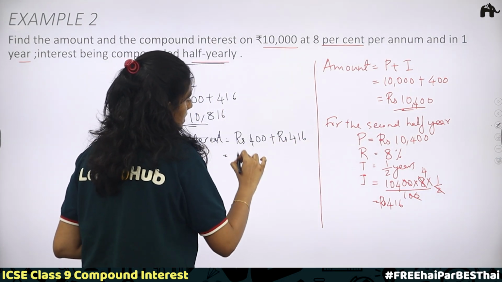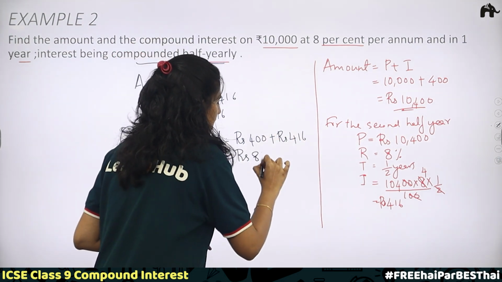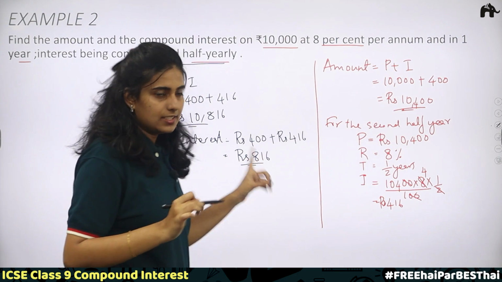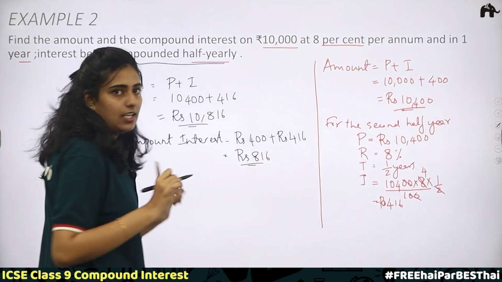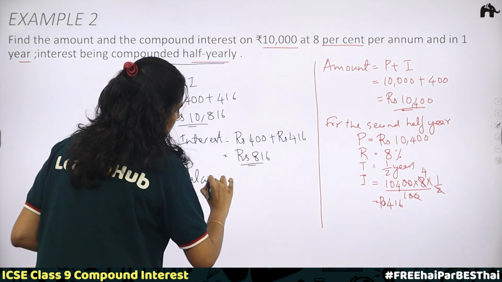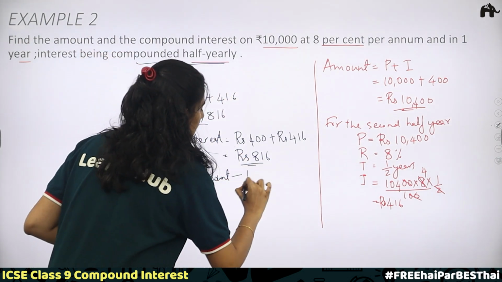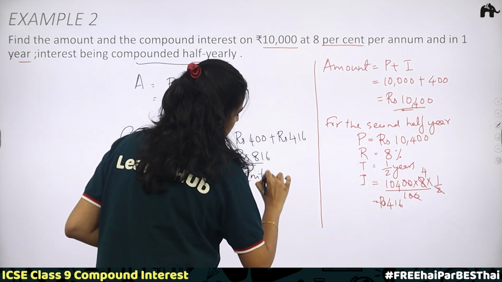So the compound interest will be rupees 400 plus 416, which is 816. Either you can find like this, or compound interest is equal to the final amount at the end of the year minus initial principal.